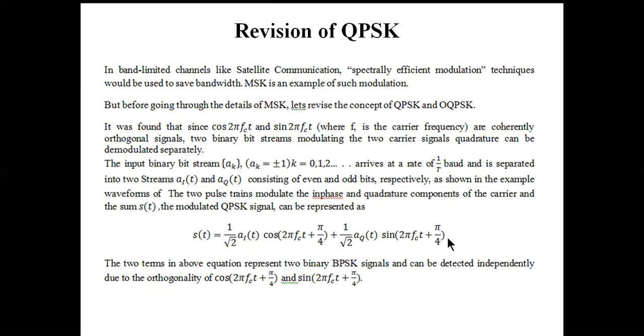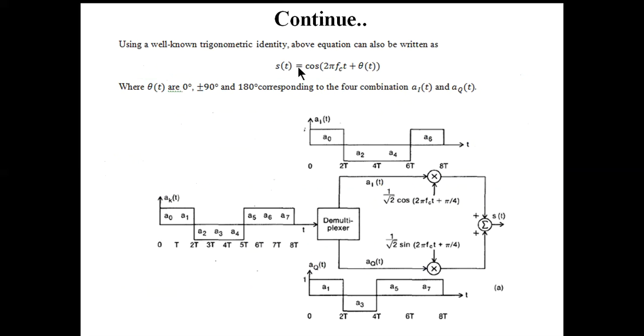Now coming to the next slide, the conventional QPSK formula is like this. Using a trigonometric identity, this formula can be rewritten as s(t) equal to cos(2 pi fc t plus theta(t)). Now theta(t) can take a value of 0, plus or minus 90, or 180 degrees, depending on the four different combinations of a_I(t) and a_Q(t). As a_I(t) and a_Q(t) can take both plus 1 and minus 1 values, depending on the combination, it can take 0, plus or minus 90, and 180.